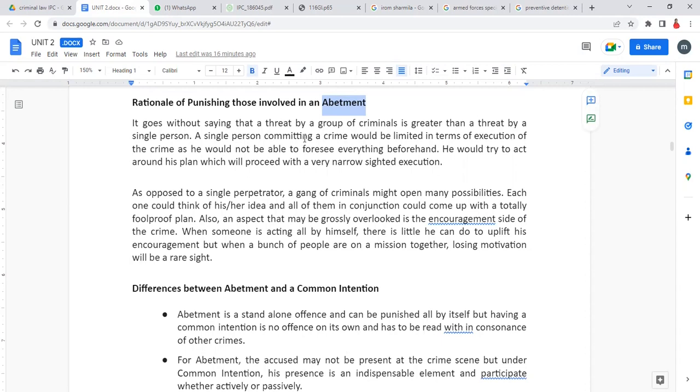When more people are involved in a crime, the possibility of them being successful also increases, and the severity of the crime also becomes more. Just because they are not directly part of it, that will not help them escape the punishment, because indirectly they have contributed in the commission of the crime anyway. So that's the reason why we punish a person for abetment under the principle of second degree.